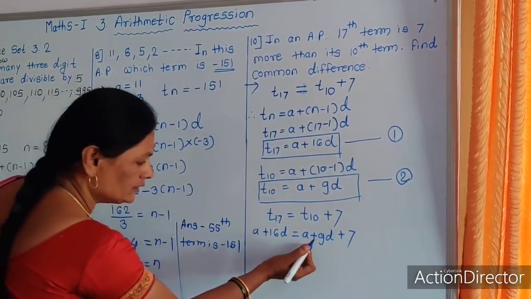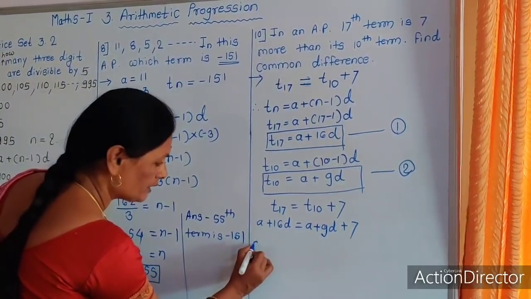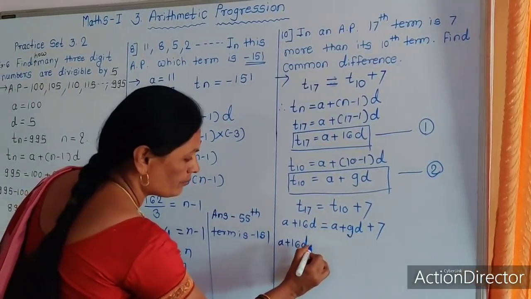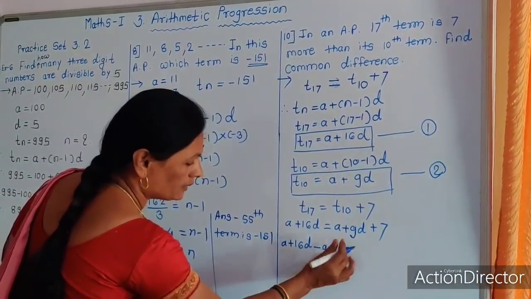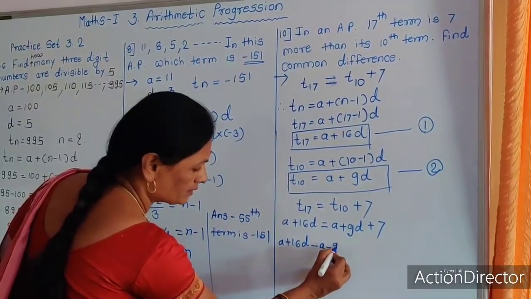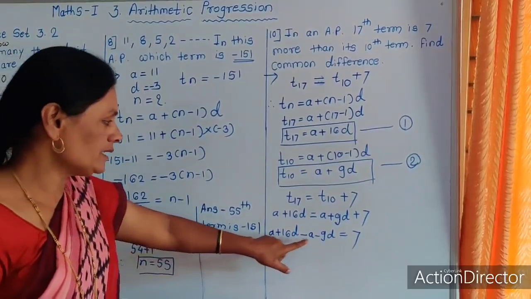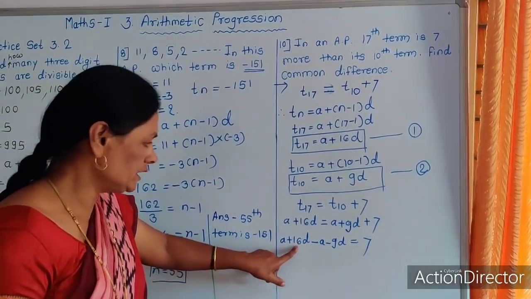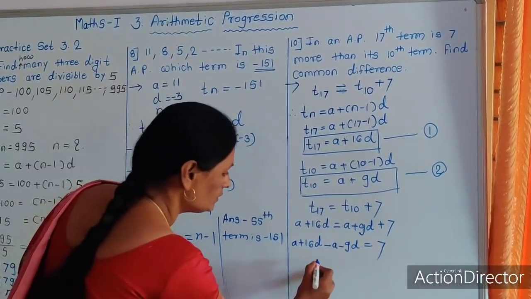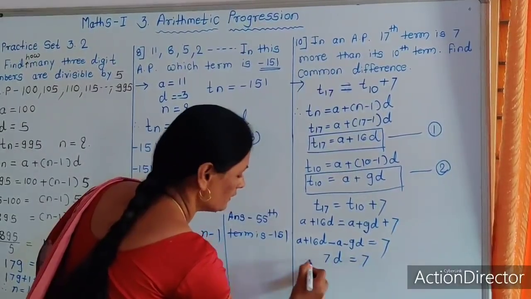Now look here, we take these two terms to one side: A plus 16D minus A minus 9D is equal to 7. A minus A cancels. 16D minus 9D is 7D, equal to 7.